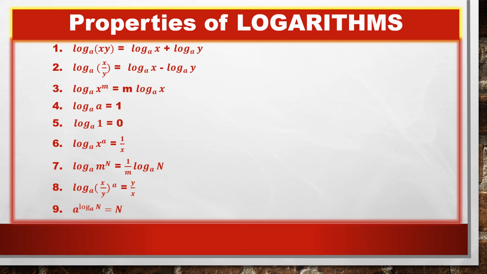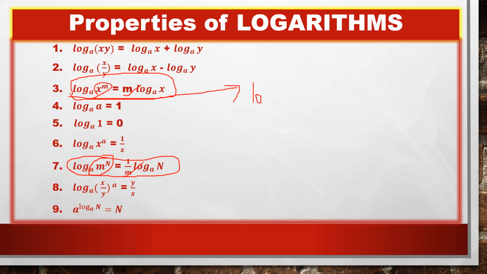Here you may be confused with this one and this one. Here log m base x, and this is also same only, but here you got m, here you got 1 by m. Okay, for this formula no need of writing the base.